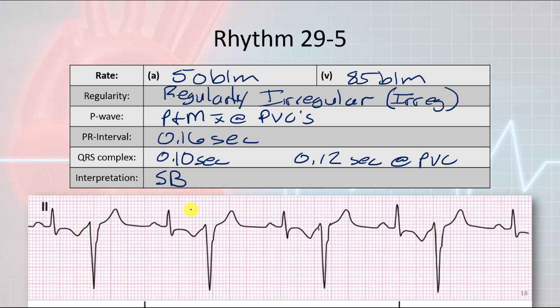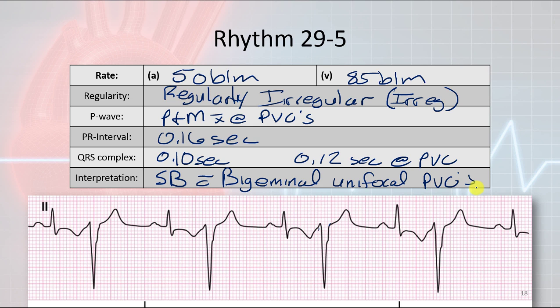If you want to put a sinus rhythm, you need to identify the P waves to prove that it is truly a sinus rhythm. But we're going to put sinus brady with bigeminal unifocal PVCs.